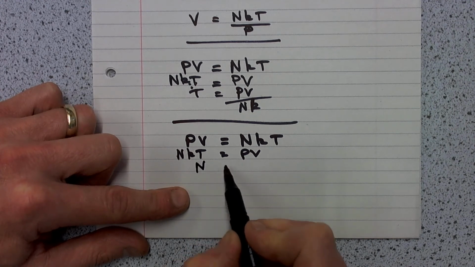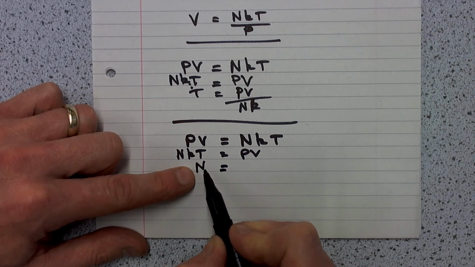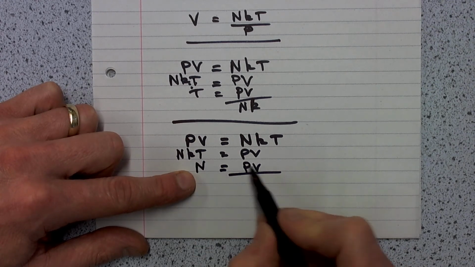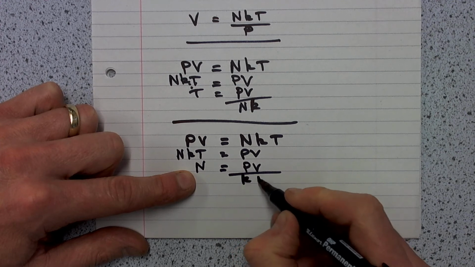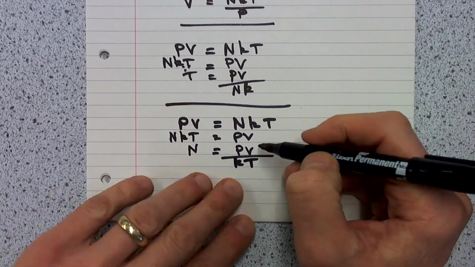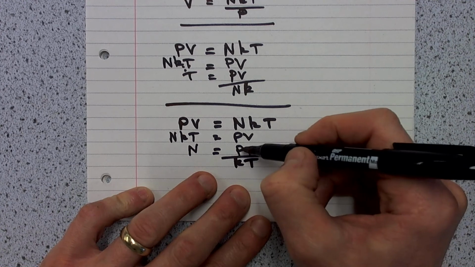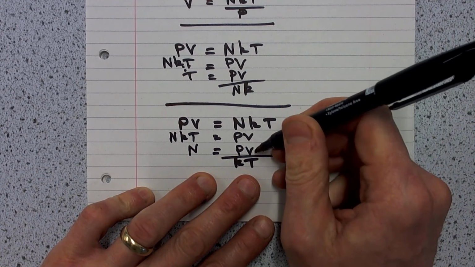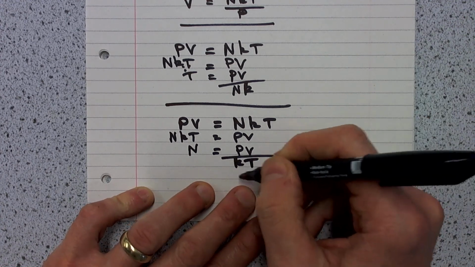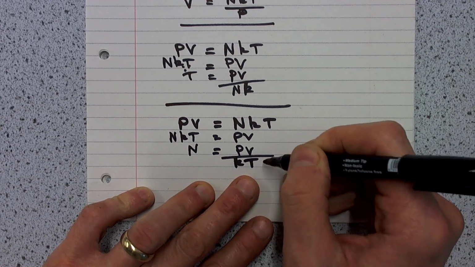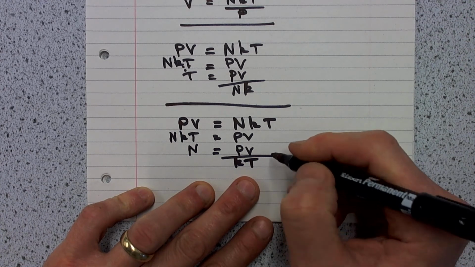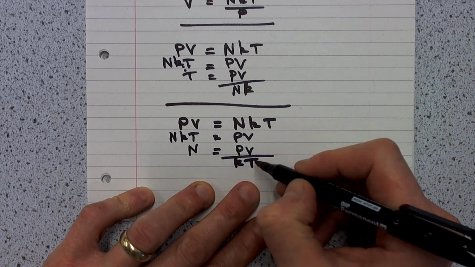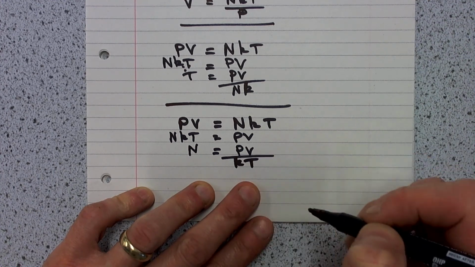So if I divide this side by KT, it cancels to leave N, and I have to divide the other side by KT. So to work out the number of molecules, I need to multiply the pressure in pascals, or newtons per meter squared, by the volume in meters cubed, and then divide it by Boltzmann's constant times the temperature in Kelvin. Again, if you haven't got a fraction key, when you hit divide, you may want to put brackets around those things.